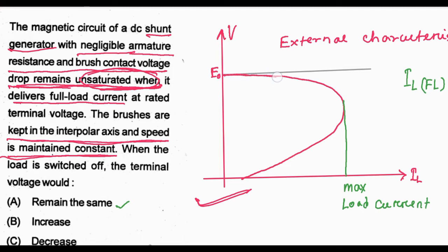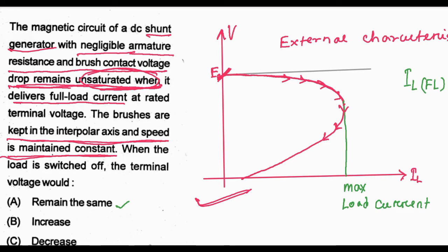The voltage is like this, and this point is the no load voltage. When we increase the load, it will move like this, and this is the maximum load current. After that, the load current will start to decrease, and the voltage will also decrease.